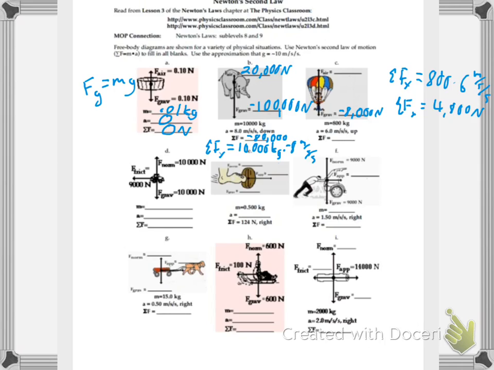So the sum of our forces is then 4,800 newtons. And that number is positive.